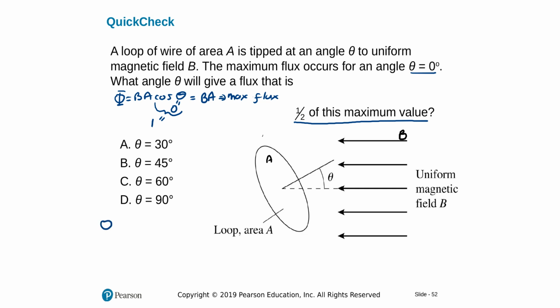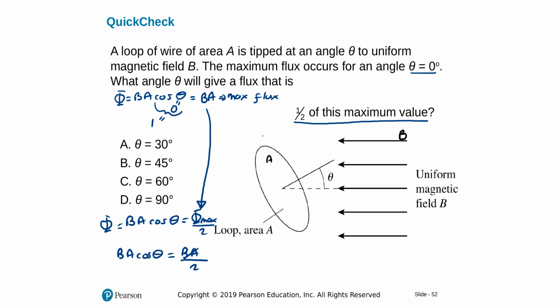So we calculate that flux, B A cosine theta, and that should be equal to the maximum flux over 2. And we said maximum flux is BA. We put that in here: B times A times cosine theta equals B times A over 2.